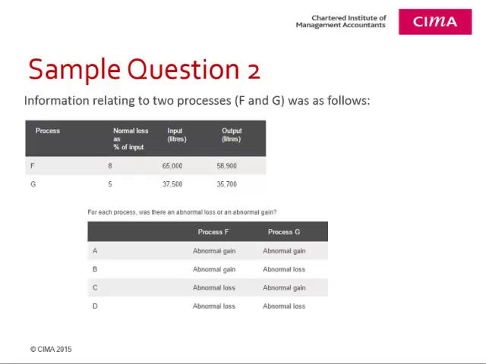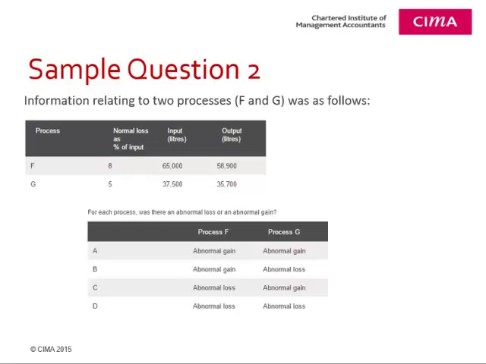However, a common mistake is often to assume that the performance in both processes is the same. And if you make this mistake, it's going to lead you to select choice D. But let's have a look at process G. Normal loss is 5%, thus the expected output is 95% of input.